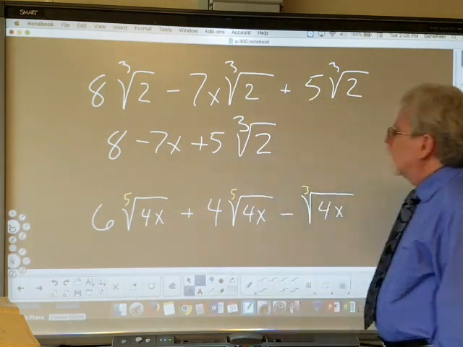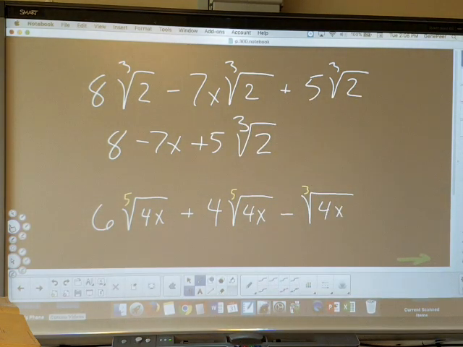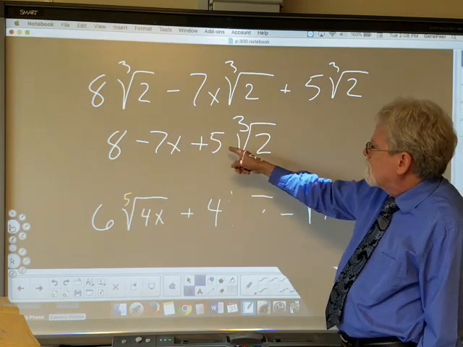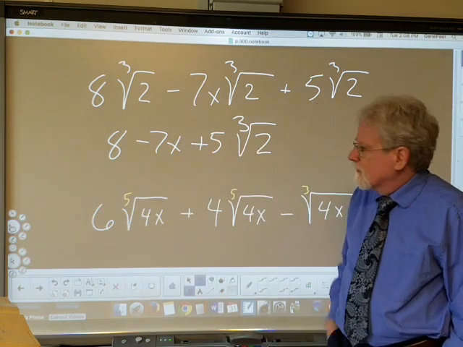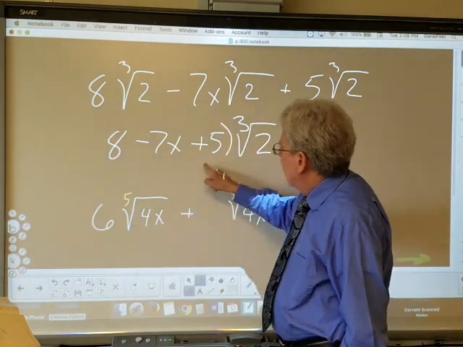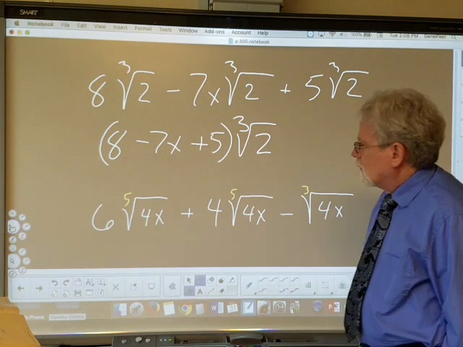What dastardly mistake did I just make? Did you need parentheses? Of course I needed parentheses, because the way it's written right now, I'm only multiplying the cubed root of 2 by 5. These guys are left out in the cold. No, I had to multiply the whole thing by cubed root of 2.